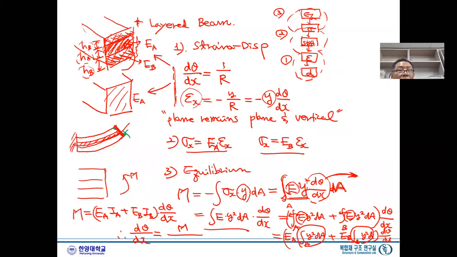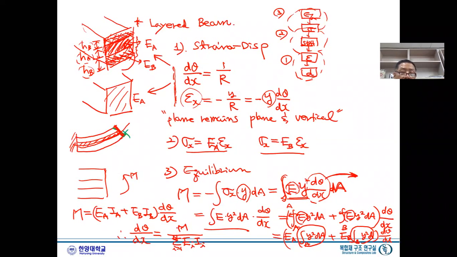If we have more than two, many different layers, we can easily derive it, and the final equation will be the summation of Ei Ii, of course, where Ii is the moment of inertia, and i equals 1 to n.